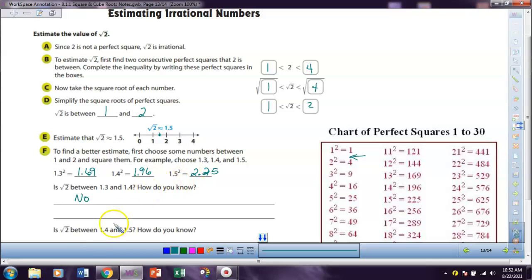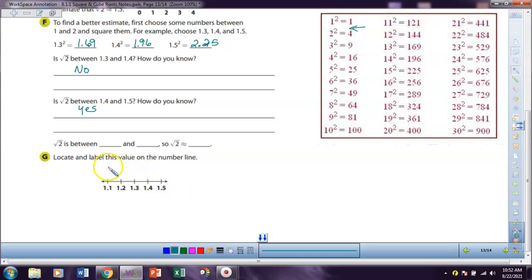I would say yes, because 2 is greater than 1 96/100, but less than 2 25/100. Okay? So if I had to be closest to the possible answer, I would say that it would be 1 4/10. So it's probably closer to this point right here on the number line.